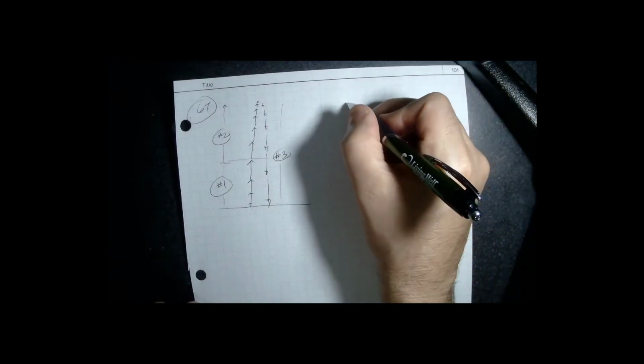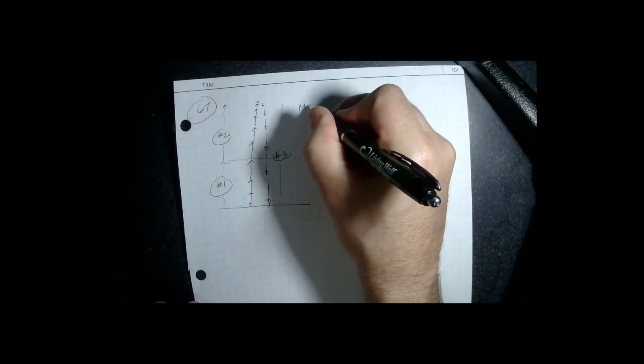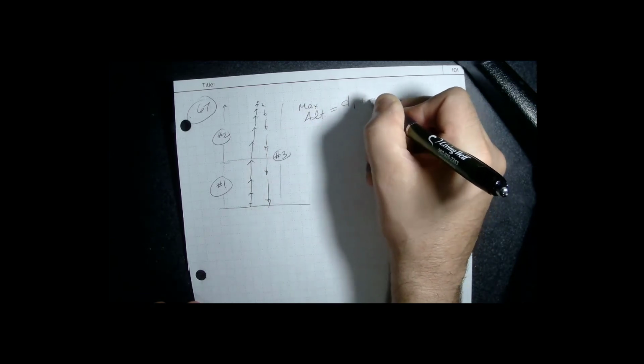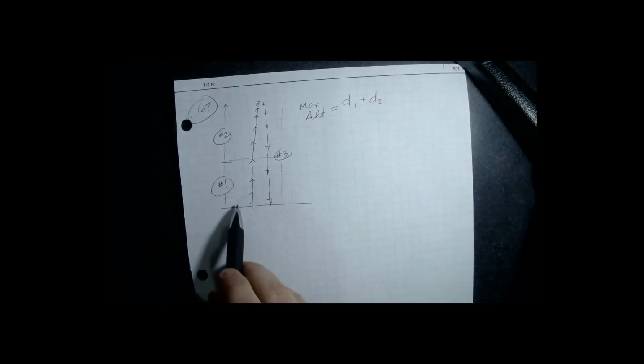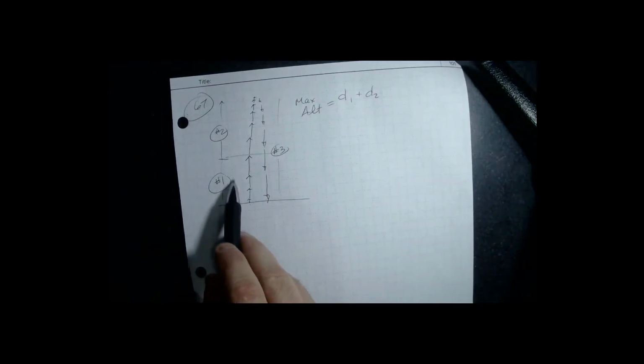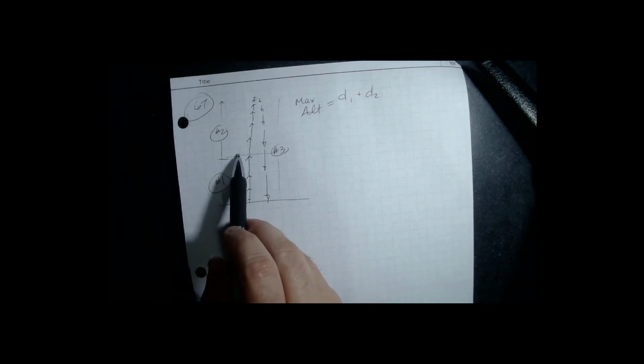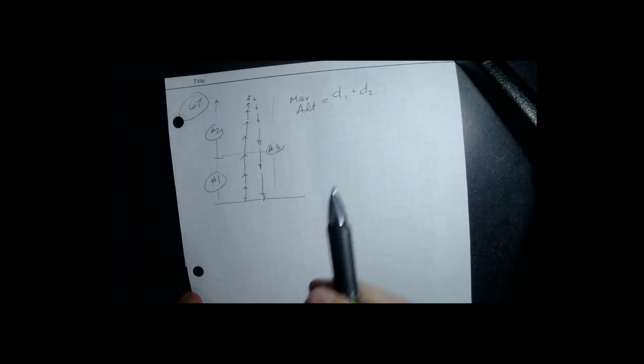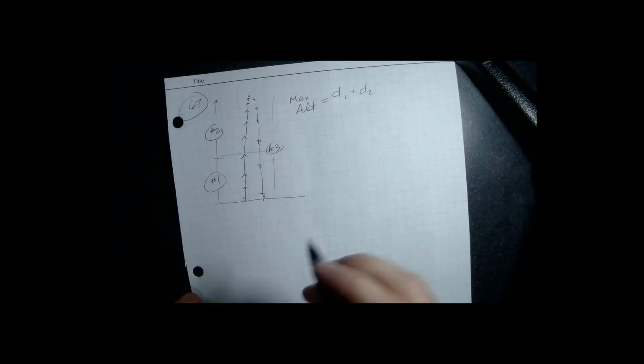Well, that max altitude is just going to equal d1 plus d2: the distance that I went up while accelerating upward due to the rocket fuel, and then the distance you went coasting as gravity slowly slows you down and brings you to a stop. So we need those two. And let's work out section 1 here.